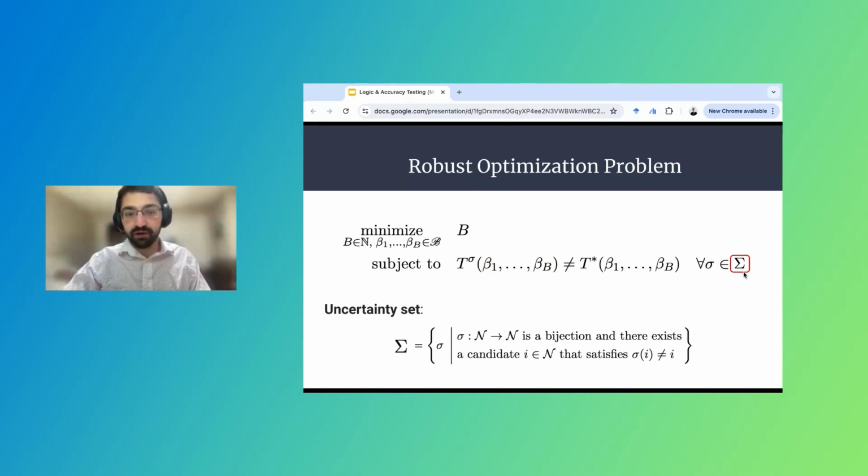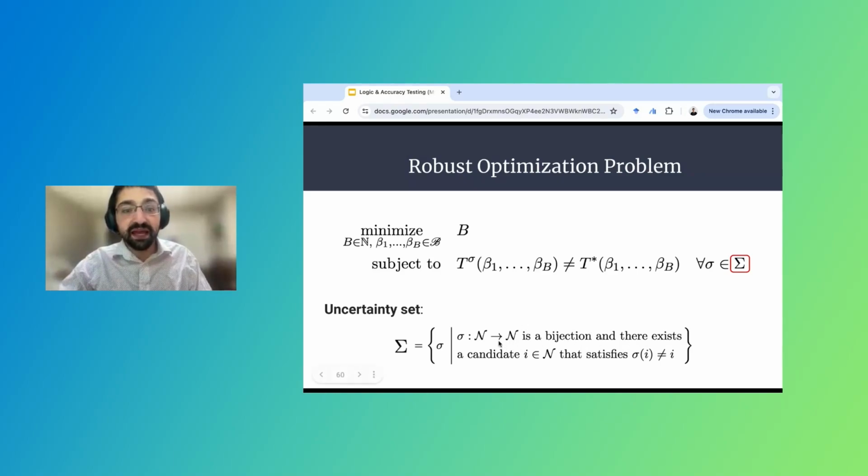So capital sigma is the set of all bijections from targets to candidates that are incorrect. More specifically, if we let this N denote the set of all the candidates on the entire ballot style, as well as the set of all the targets next to each of them, then we say that sigma, a mapping from targets to candidates, is a bijection. Well, a bijection means it's a one-to-one mapping correspondence.